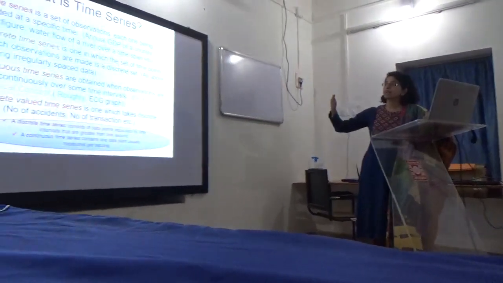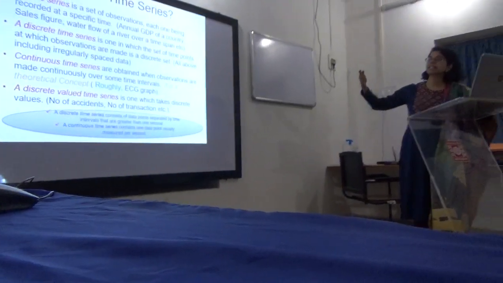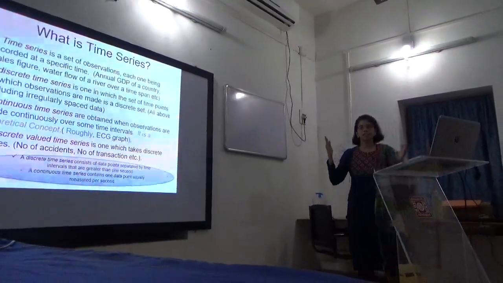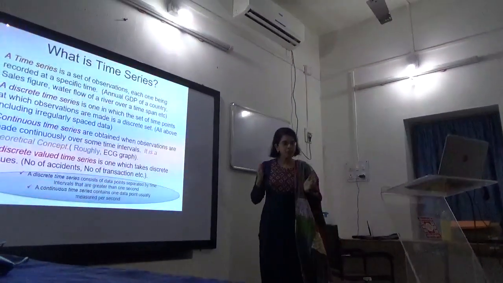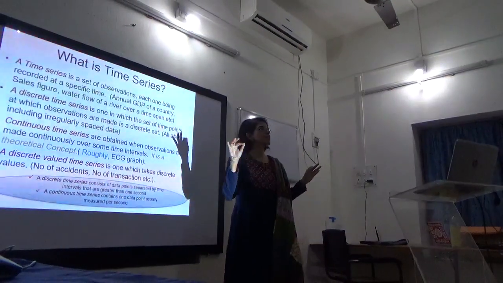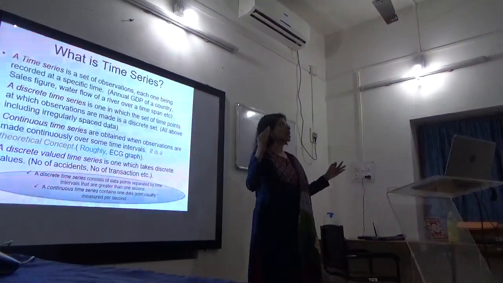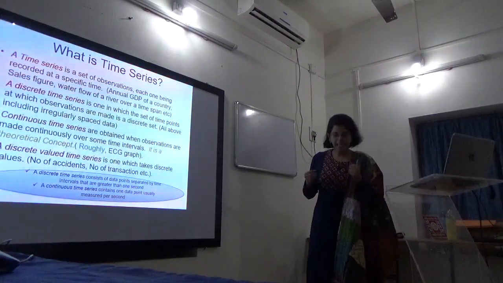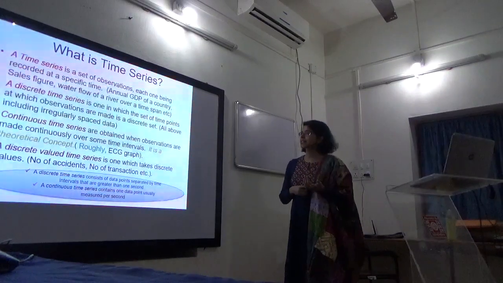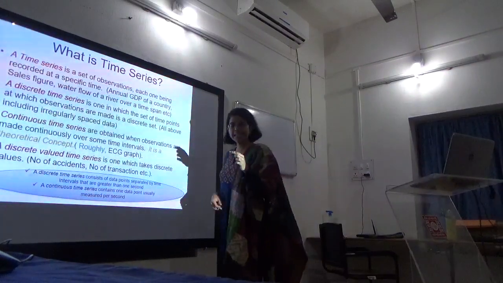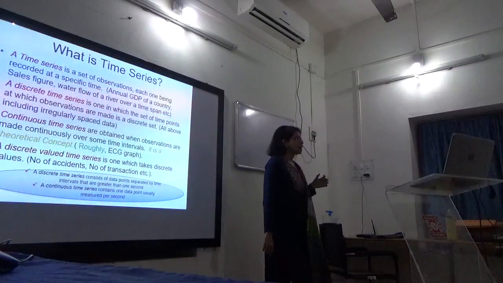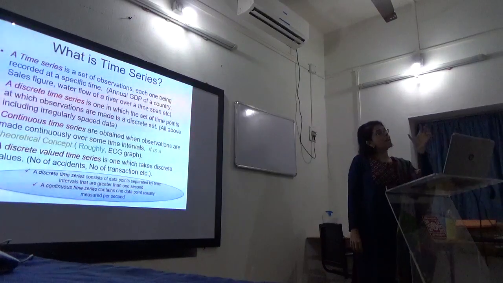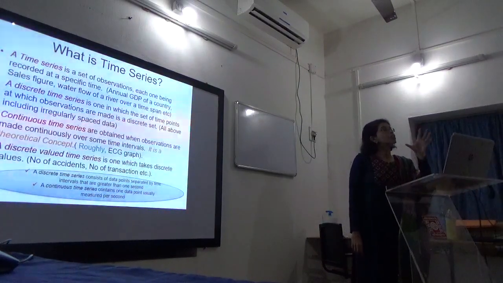And continuous time series are obtained when observations are made continuously over time intervals. Now, you might ask me that, as far as we know, time is like a continuous random variable. How do you classify a continuous random variable and a discrete random variable? Well, there is one thumb rule in time series analysis. If your time span is of 1 second, not more than 1 second, then we will consider that time series observations are continuous.